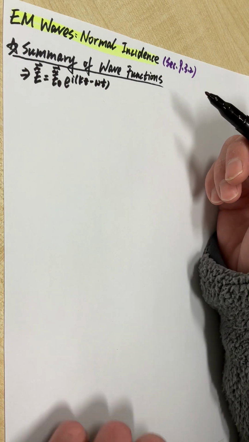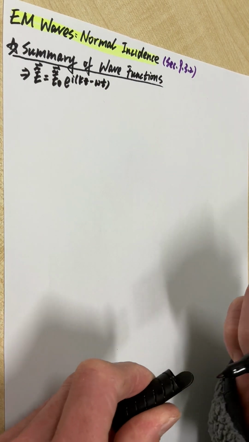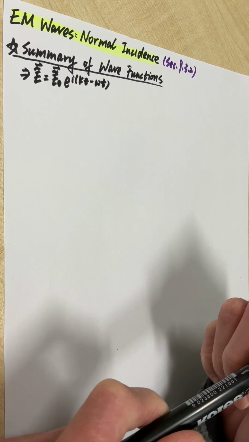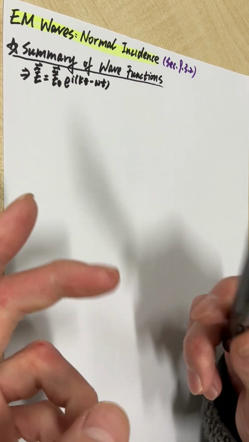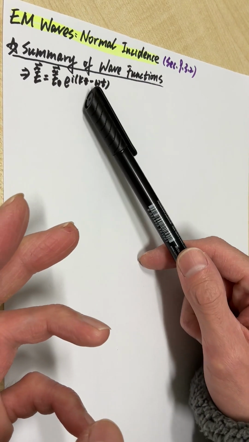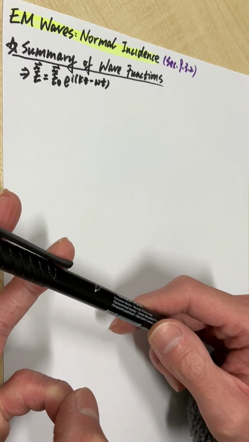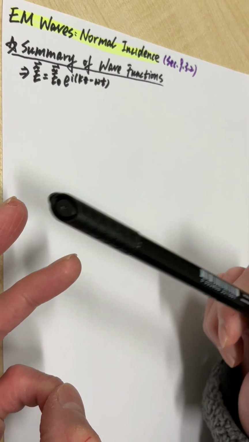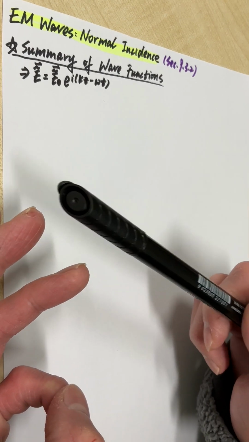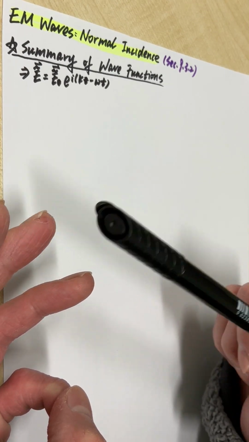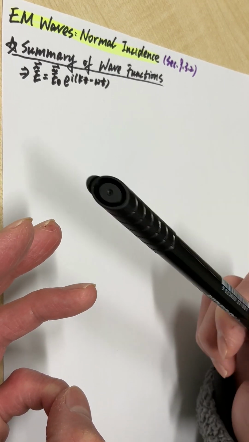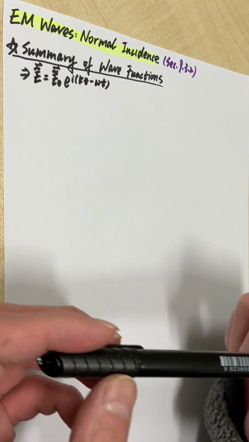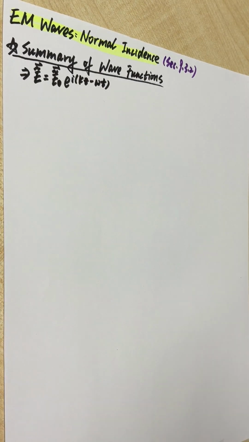And then for the magnetic field, we know that in order to satisfy Maxwell's equations, the magnetic field, electric field, and direction of propagation must be perpendicular to each other. Also, the magnitude of the electric field divided by the speed of light equals the magnitude of the magnetic field. So the magnetic field really is quite weak.